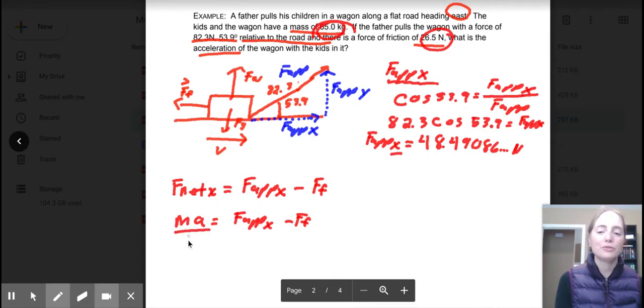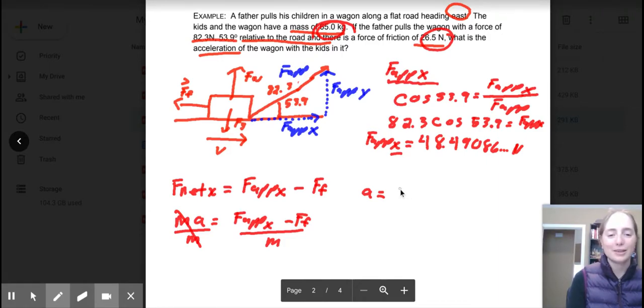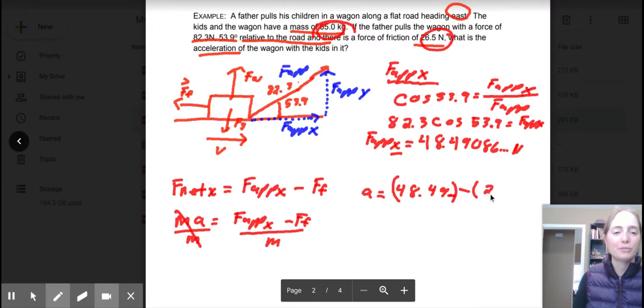So I am going to divide out that mass, and my acceleration is going to equal my force applied minus the force of friction divided by my mass. So I'm going to put my numbers into my equation here. My acceleration is going to give me my force applied on the x, using all the digits from your calculator, and you're going to subtract from that your force of friction, which is your 26.5 newtons.